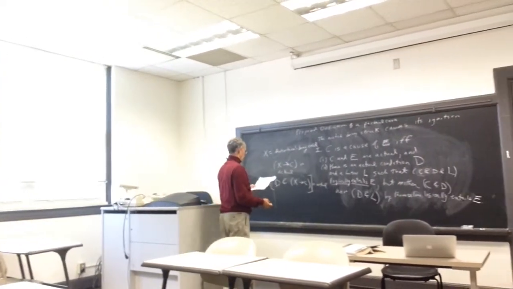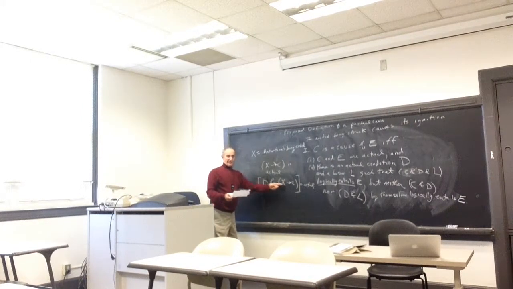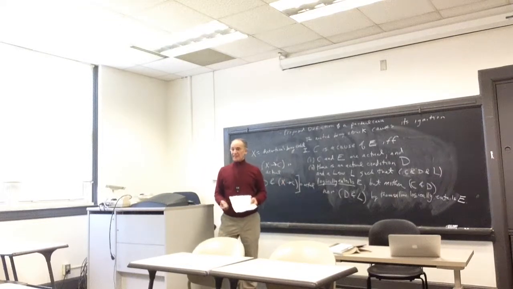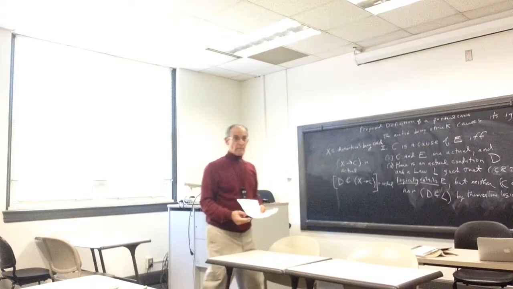And D star consists basically of all of this. D star is going to be our old original D conjoined with if X, then C. If Antarctica is cold, then the match is struck.